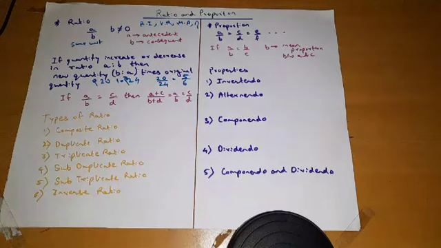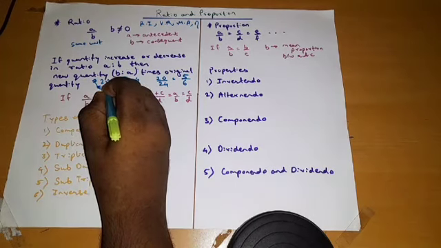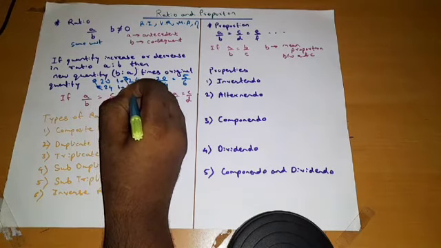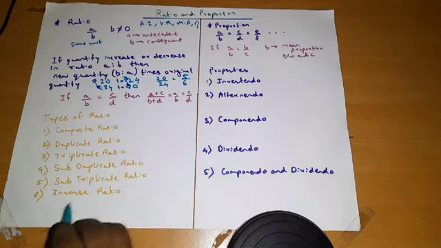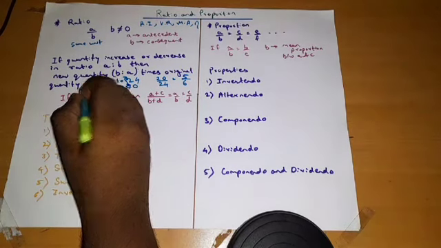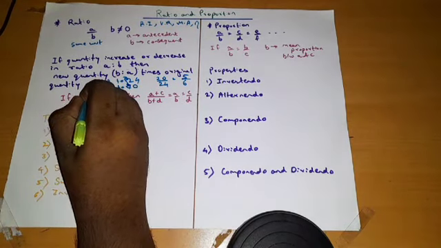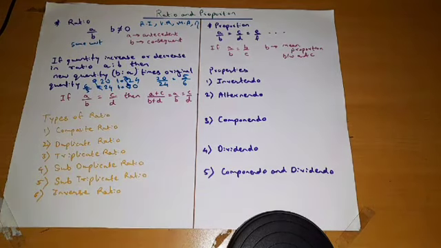Increase in ratio is 5 by 6. If the price decreases from 24 to 20, then the decrease in ratio will be 6 by 5. Most of the students have not understood what this statement means.